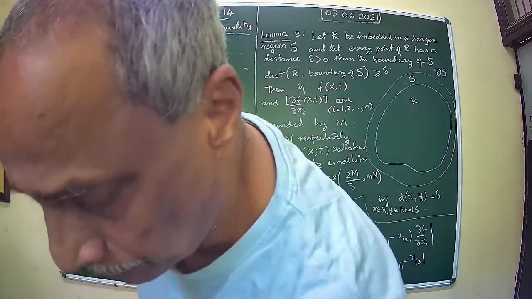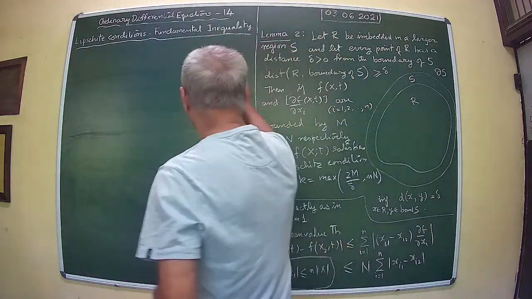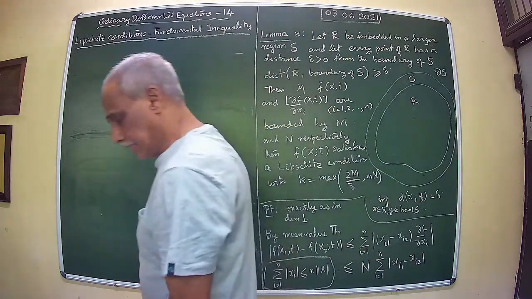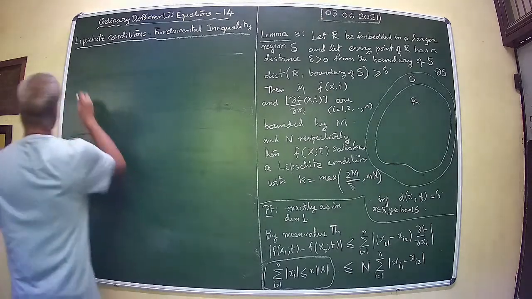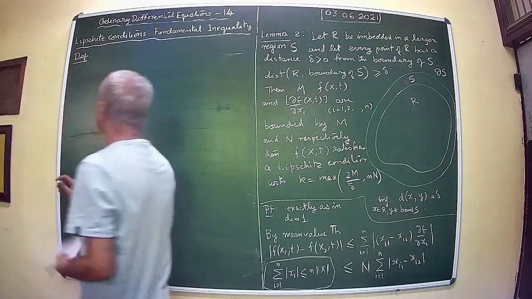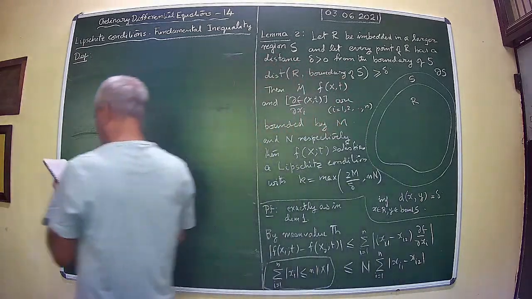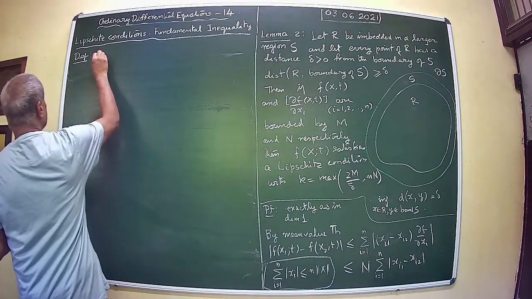So from components to the vector valued function. So we make a statement, a statement about definition. We have said what is Lipschitz for a scalar valued function. Now we do it for a vector valued function.